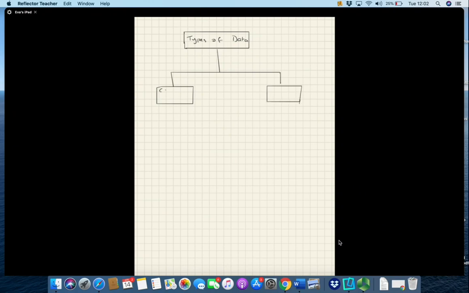So categorical, numerical. Categorical is words, numerical is numbers, so it's quantitative.